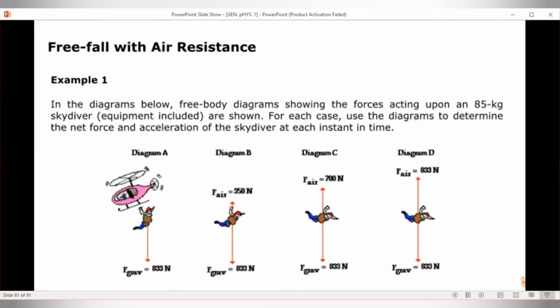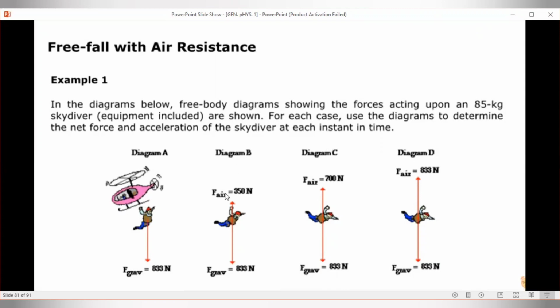For instance, in free-falling bodies with air resistance, let us have an example here. In the diagram below, free body diagrams showing the forces acting upon an 85 kg skydiver are shown. For each case, you use the diagrams to determine the net force and acceleration of the skydiver at each instant in time. So you have here 4 diagrams. Diagram A, you have 833 newtons force of gravity.